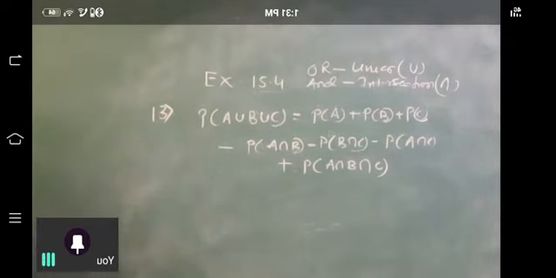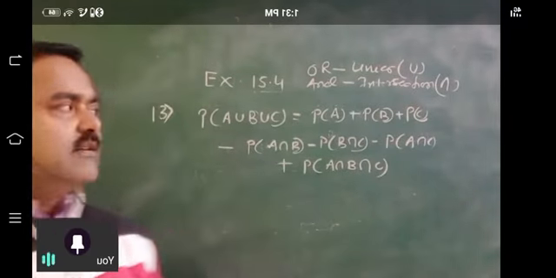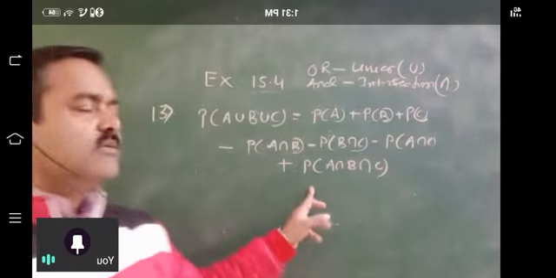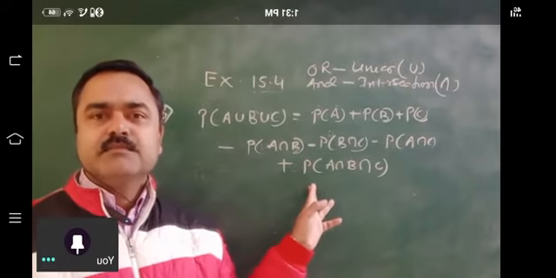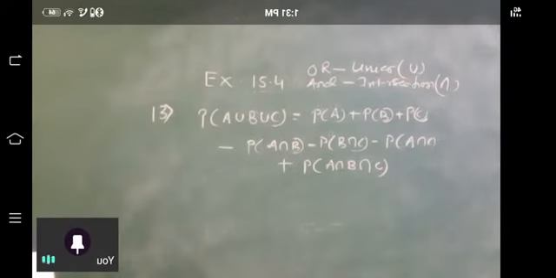And since A, B, C are three mutually exclusive events, if you take their intersection, then this is equal to phi, because they have no common element.